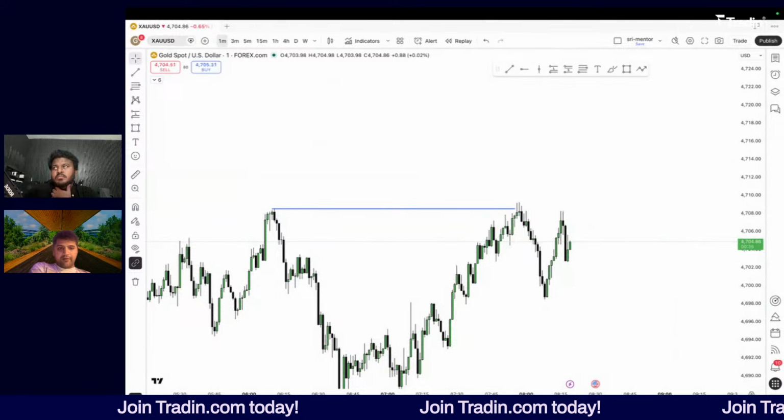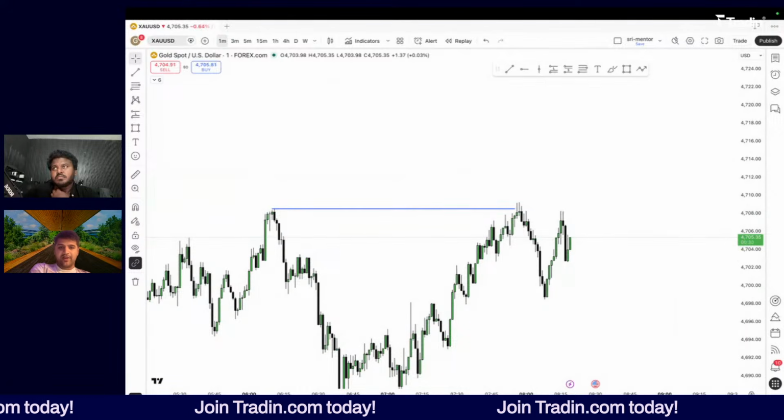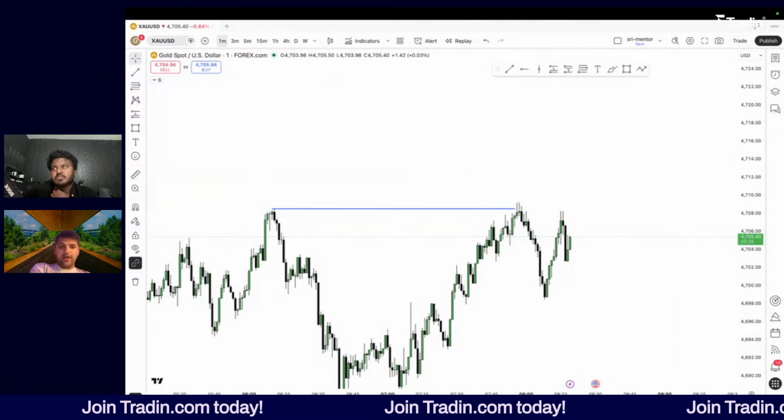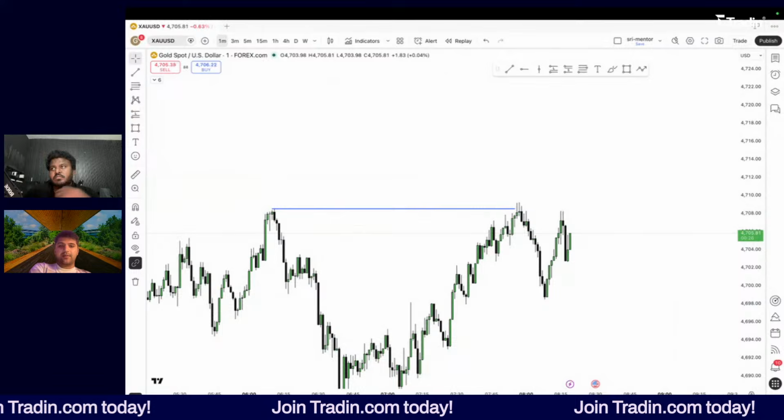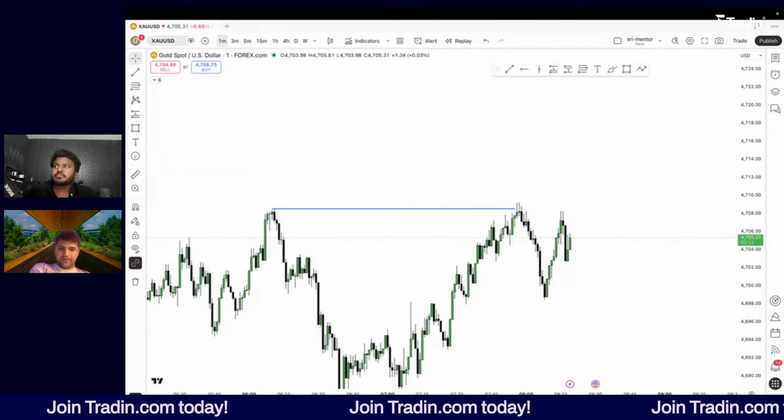Any break and closure above 4750 will open the room for 4900. But as long as the price is staying below 4750, gold is bearish as of now.